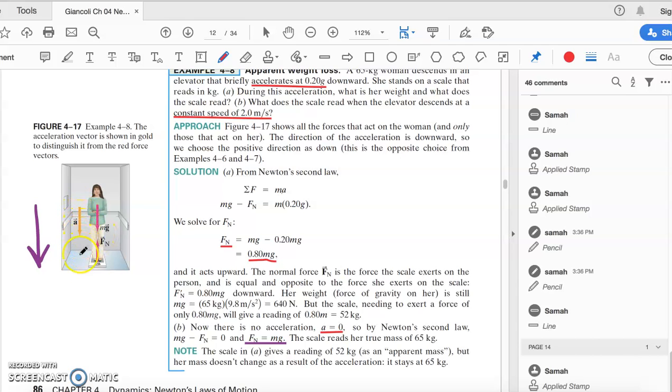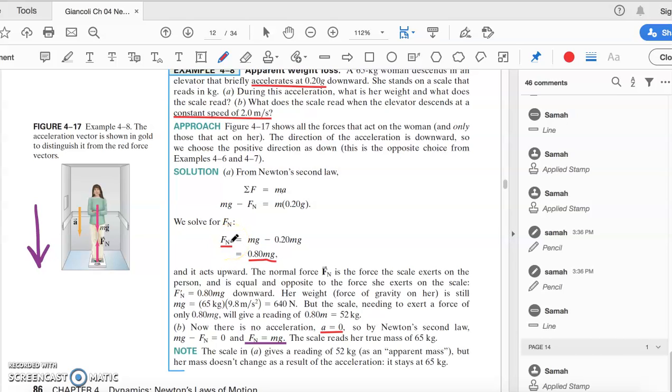Our motion is downward, so mg minus Fn, which is against the direction of motion, is equal to ma, which is positive, definitely, as it's our direction of motion. Both situations will give you the same answer. So suppose we agree on the sign notation and we got it correctly.